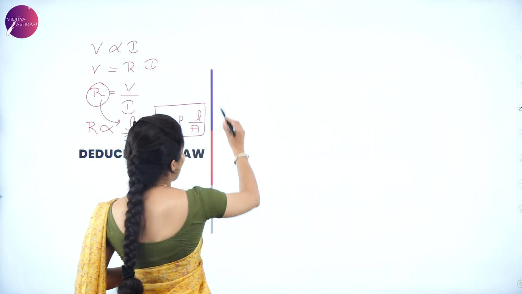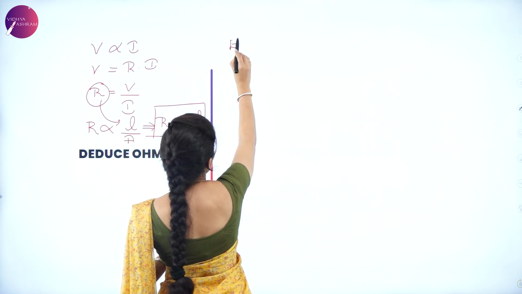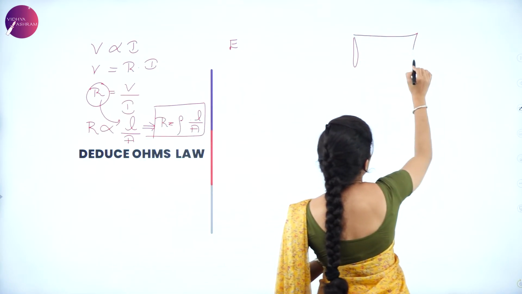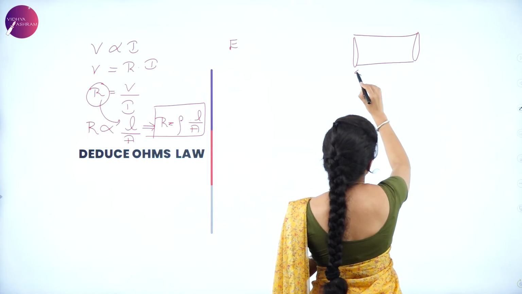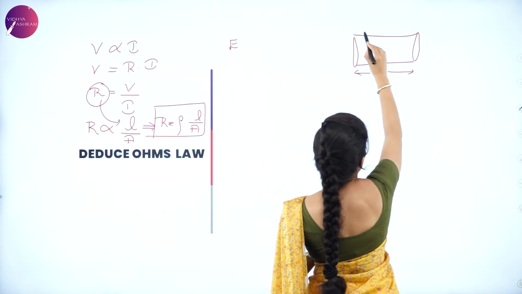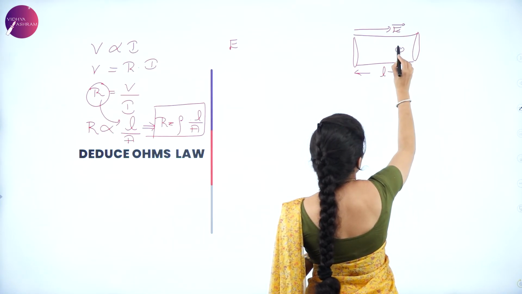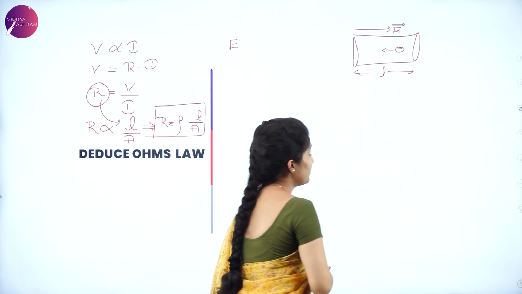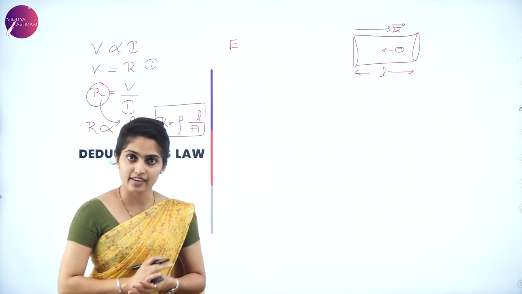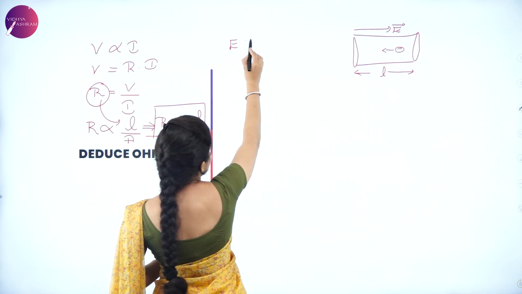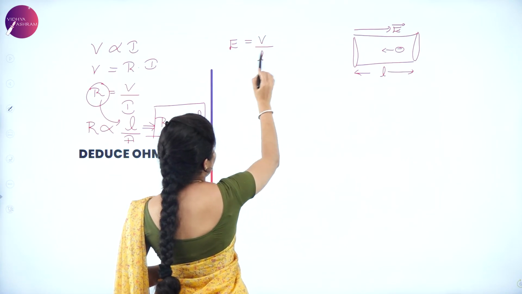So consider the electric field in the conductor. Suppose this is a conductor having length L, and the electric field is shown in this direction, and the electrons are moving in the other direction, and it has a certain area A. Then the electric field passing through this conductor is V divided by L.